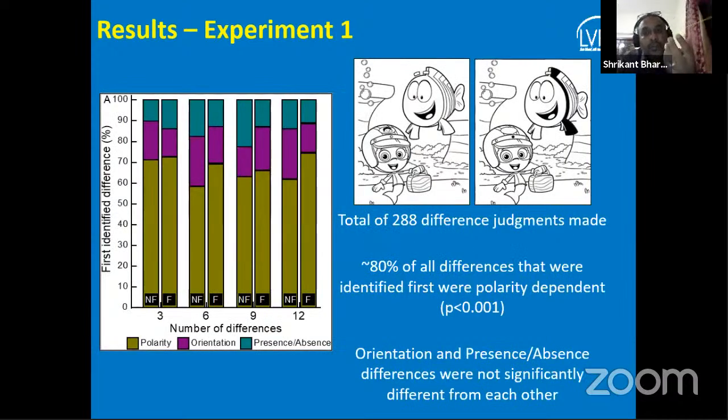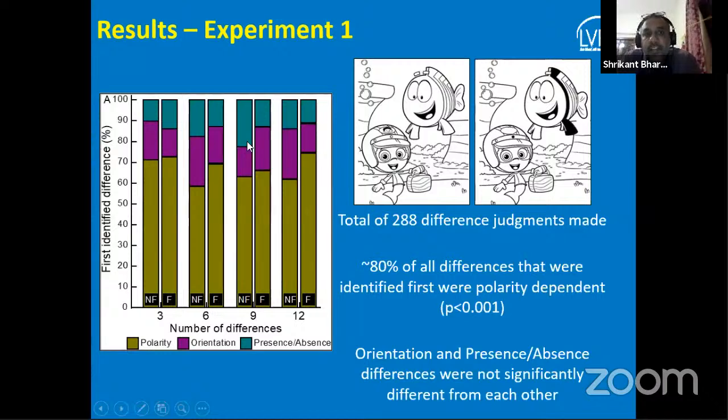Now, the first hypothesis that we set up, we are affirmatively confirming that the fusion mode is indeed faster and less erroneous than the non-fusion mode. What about the second hypothesis? Again, there were 3 different categories of differences. Between these 3 differences, as expected, the first identified difference was invariably the polarity one.